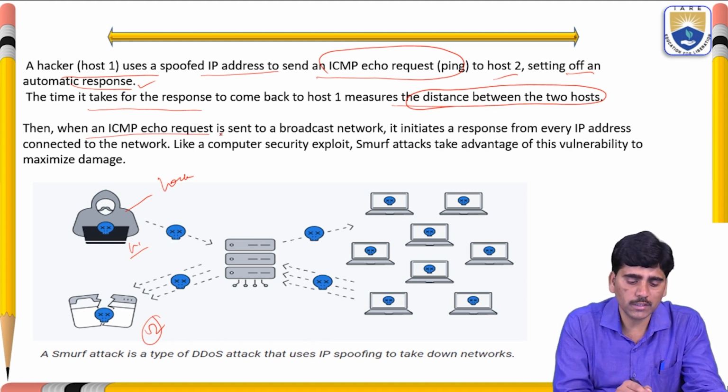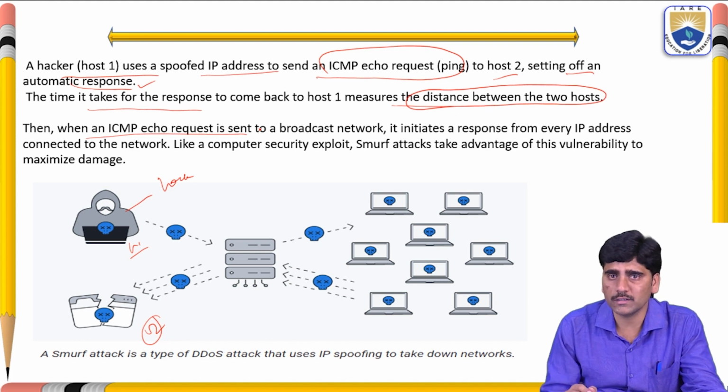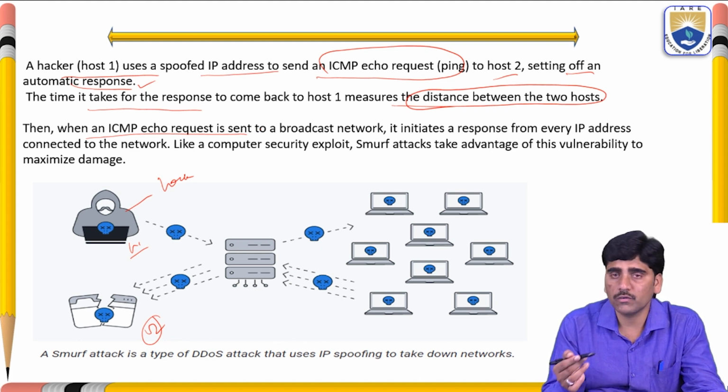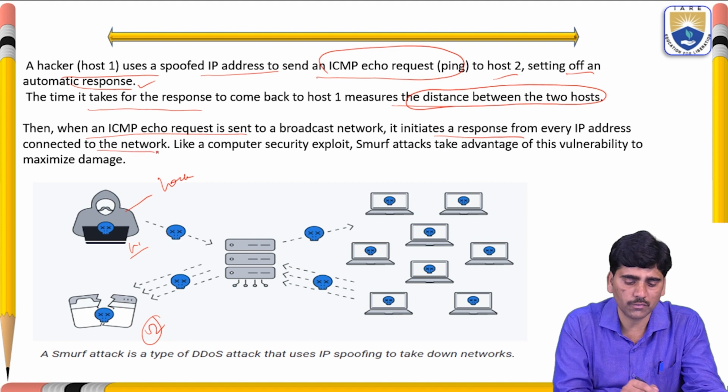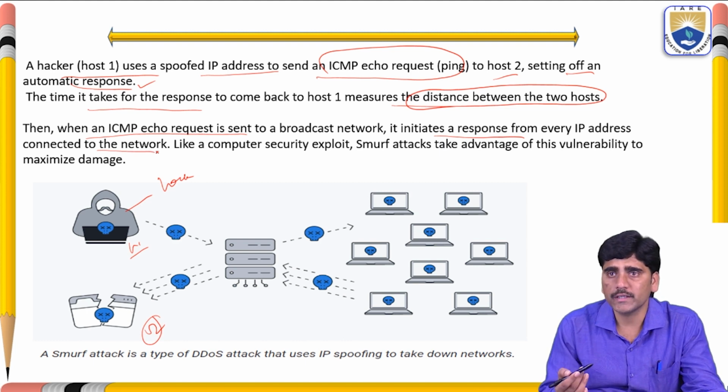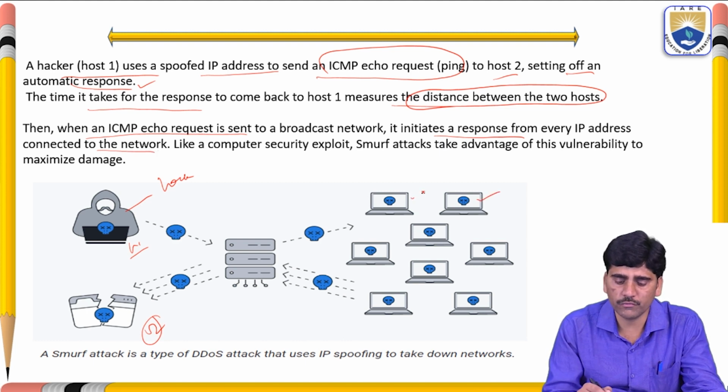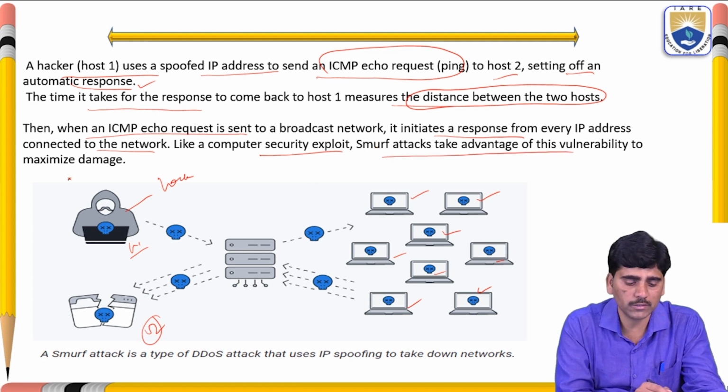Then when an ICMP echo request is sent to the broadcast network, it initiates a response from every IP address connected to the network. Like a computer security exploit, a Smurf attack takes advantage of this vulnerability to maximize the damage.